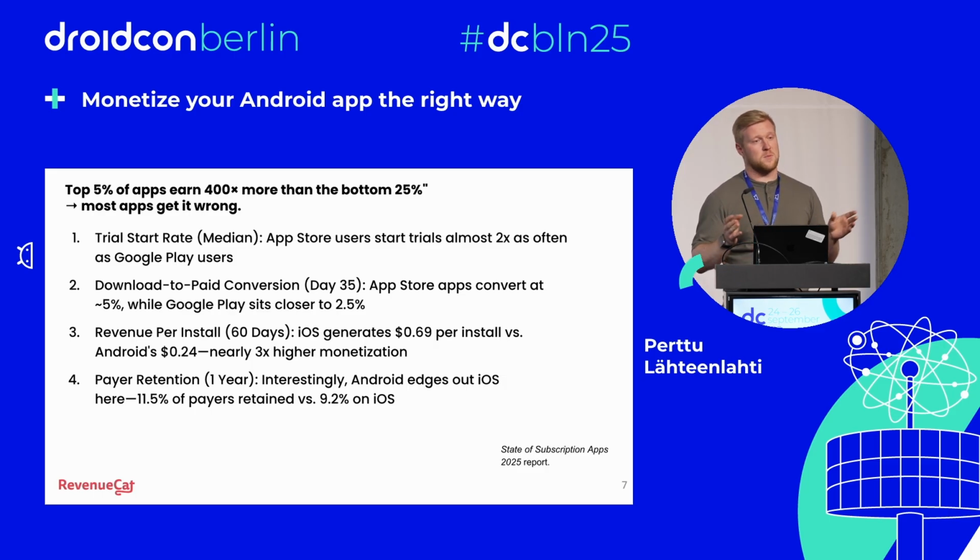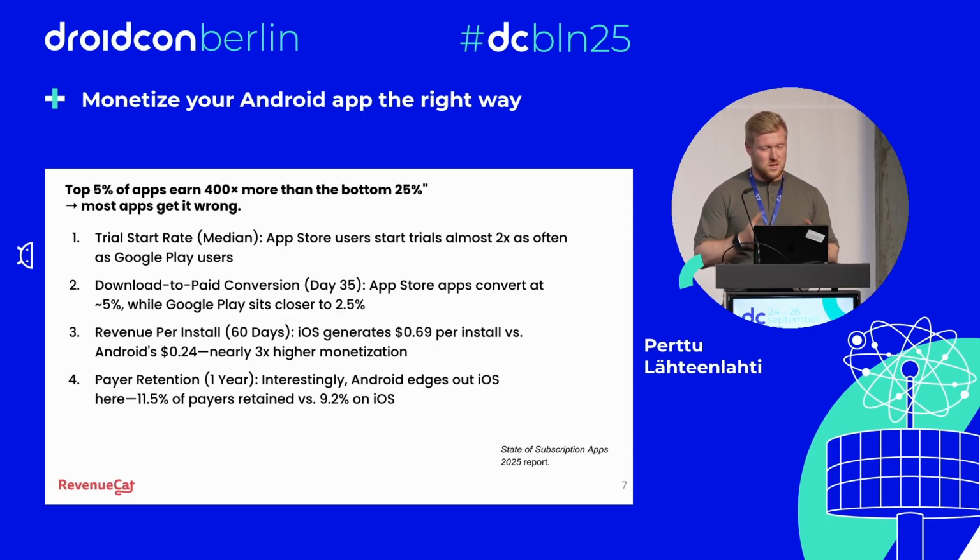And part of this can be explained by the fact that a lot of Android apps are free and they have, for example, ads instead. But it's not really a good thing to say. There's a lot of work to be done, and you actually have to do a really good subscription experience or monetization experience to actually get these numbers to look good.